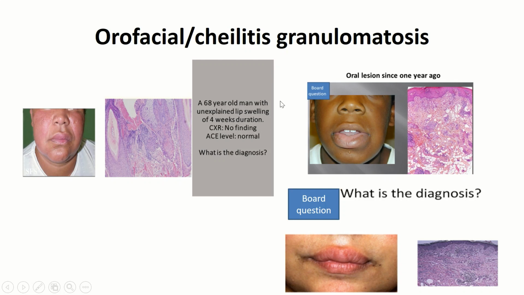If this finding is limited to the lip, the diagnosis of cheilitis granulomatosa is suggested. But when the face is also involved, the diagnosis of orofacial granulomatosis is the diagnosis. And you see here two board questions on the diagnosis of cheilitis granulomatosa.